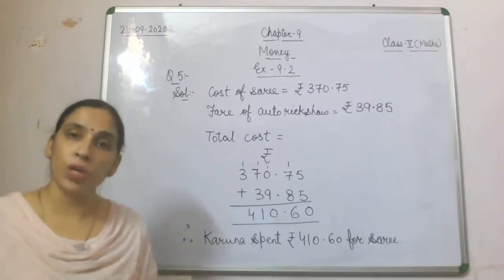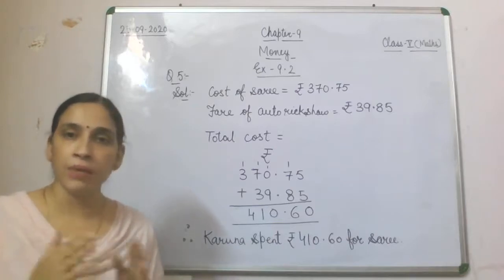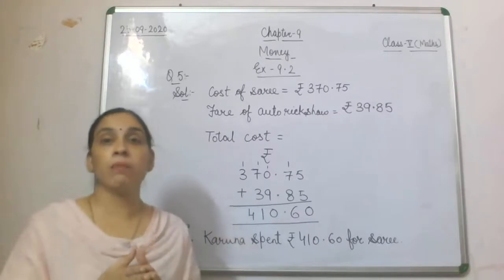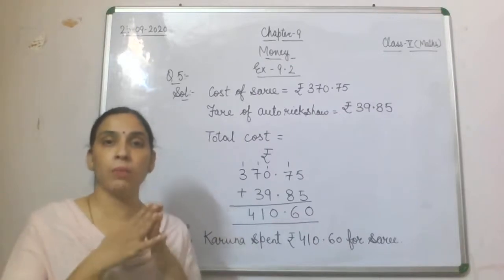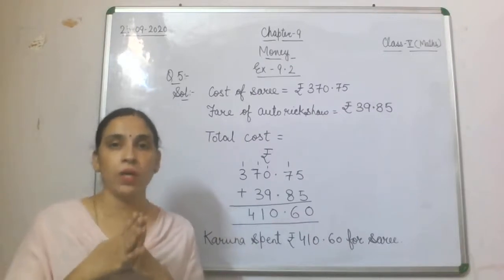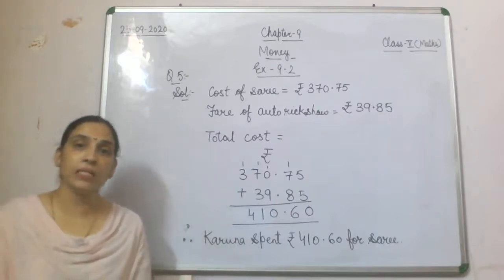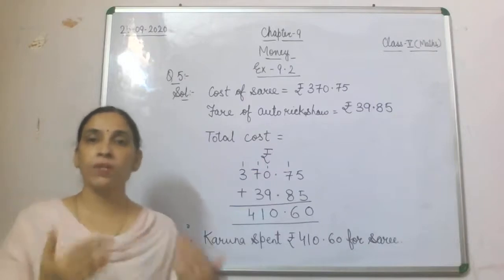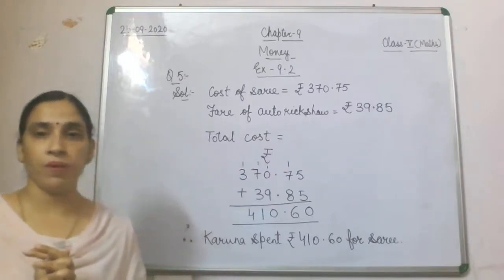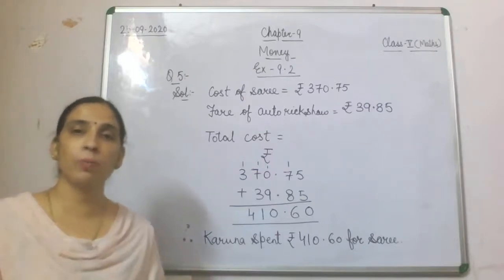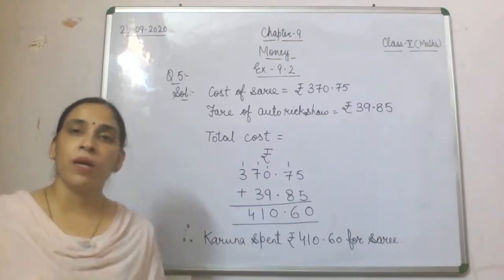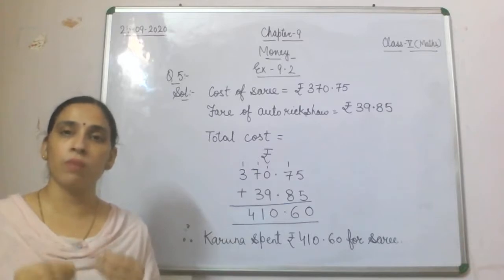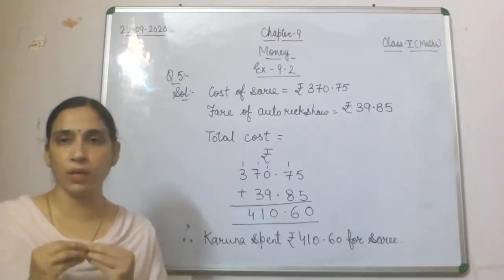See, when you are going to the market, if you are going by your own vehicle, you are spending some money on petrol or diesel or whatever. So that price is included in the cost of whatever things you are bringing. Let's say I go to the market and buy things which cost rupees 1000.